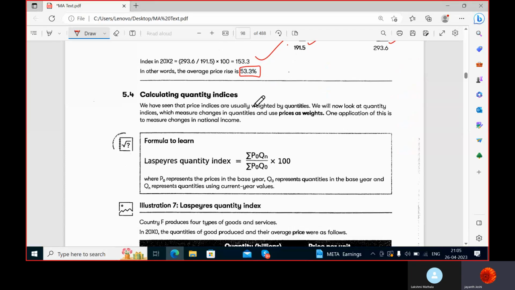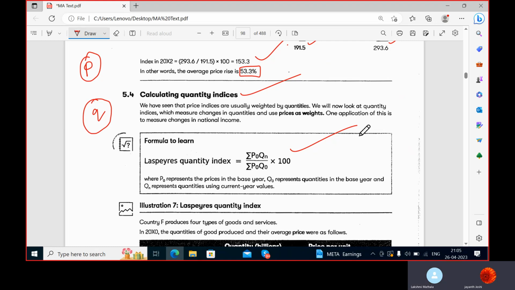Calculating quantity indices. Last time we saw the price index, correct? Now we are doing the quantity index. What you should do is, in place of price, place quantity, and in place of quantity, place price. Understood?